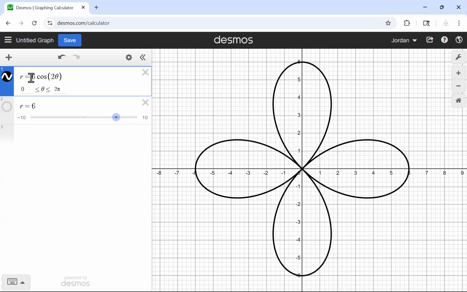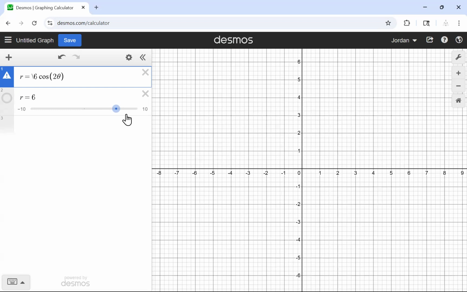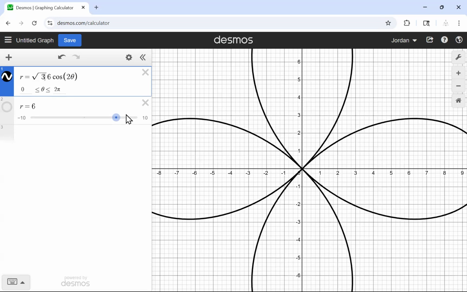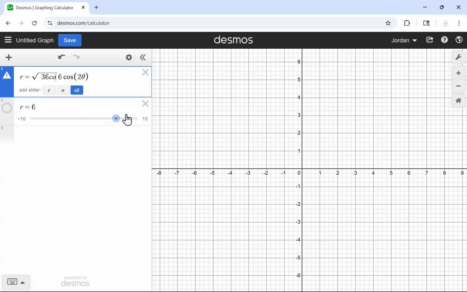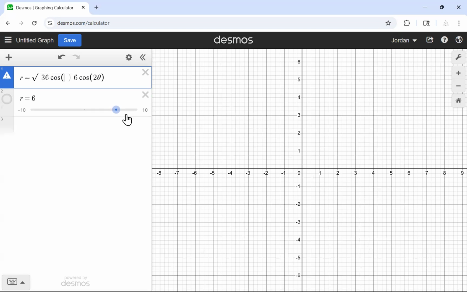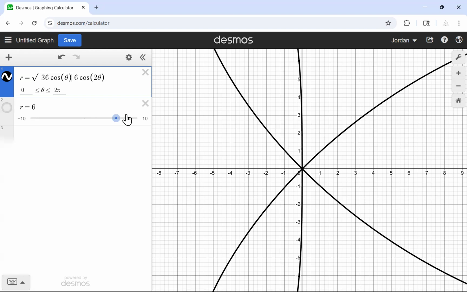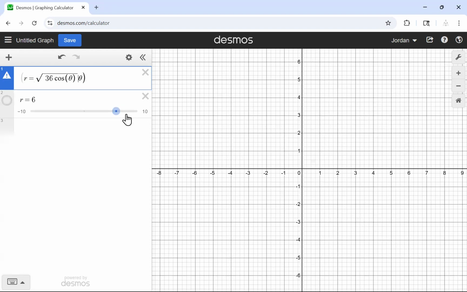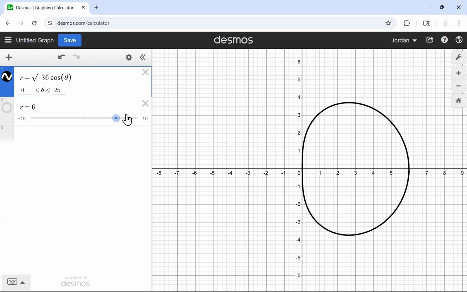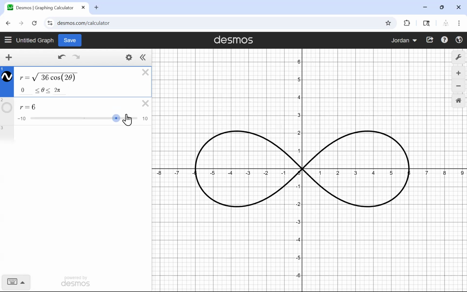Well, sure enough, there is a way to do that, and that's to take something like the square root of 36 times, let's say, cosine of theta. I got to erase this other part. And then let's do cosine of 2 theta in there. So we can get a loop if we do something of this nature.